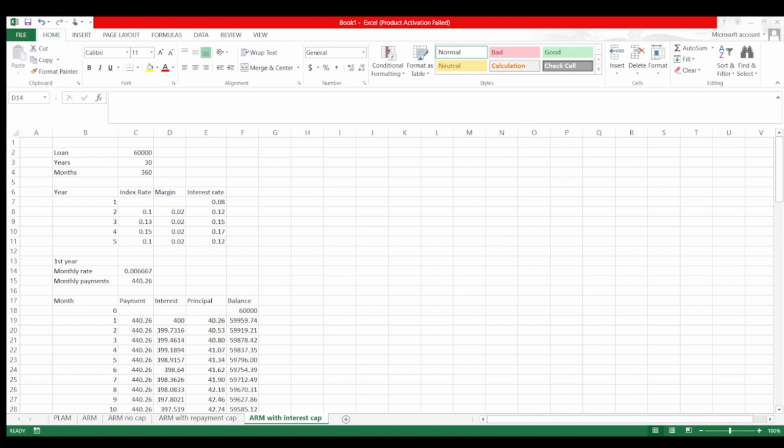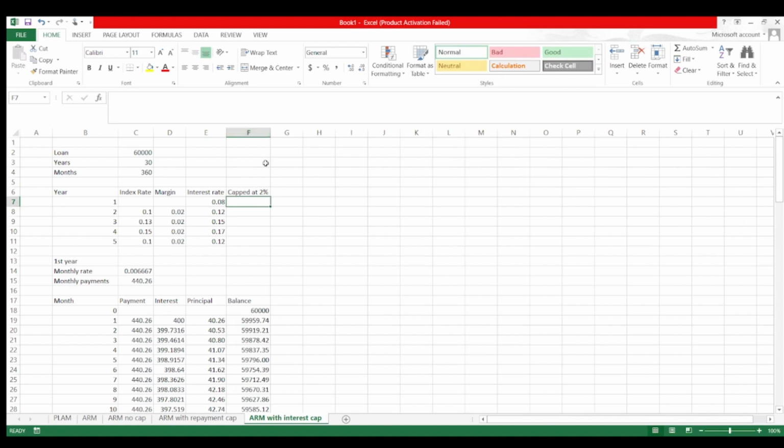So for example, in our earlier problem, let's assume that there's a capped rate of 2%. So this means that the interest rate cannot increase by more than 2%. And then let's also assume our starting interest rate is 11%.